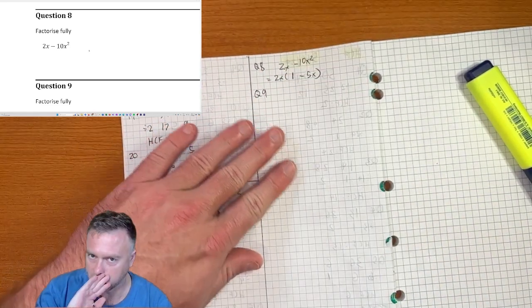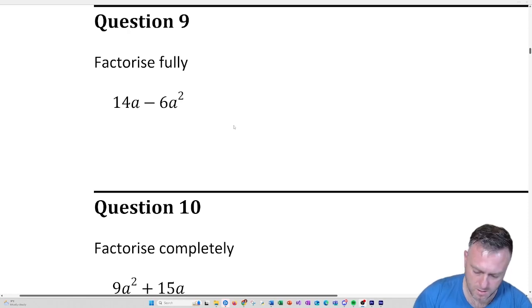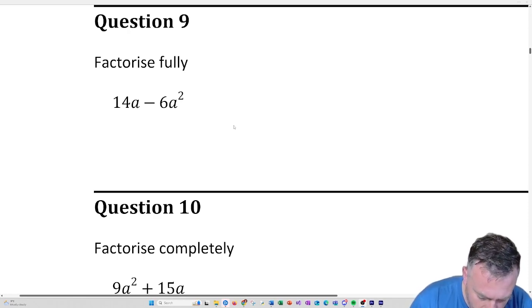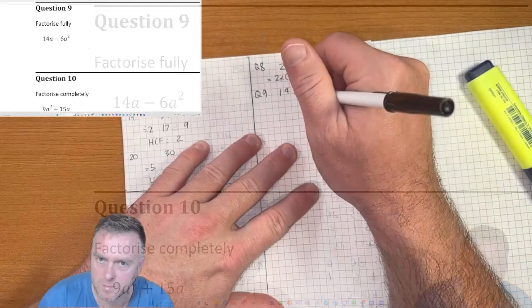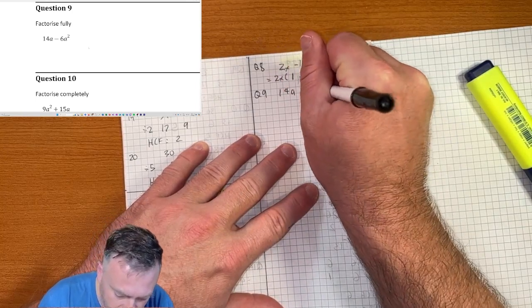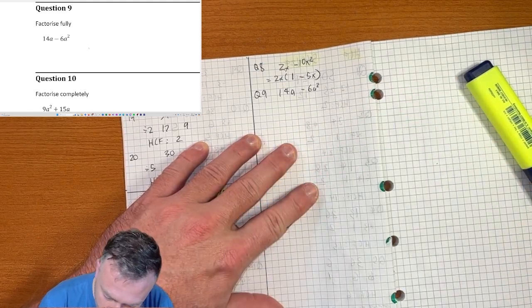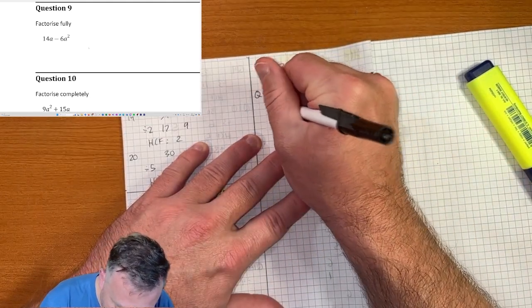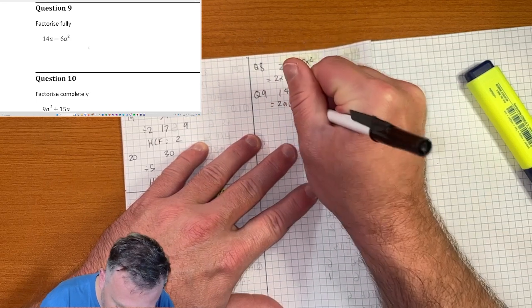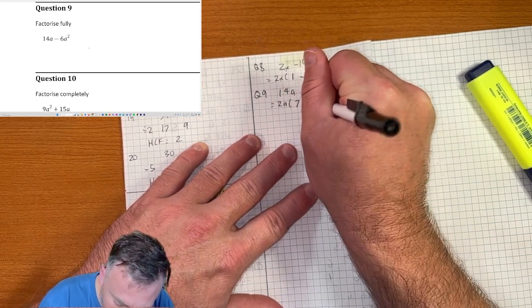Question 9. 14a minus 6a squared. So we can divide both of those by 2a. So 2a at the front, and we're left with 7 minus 3a.